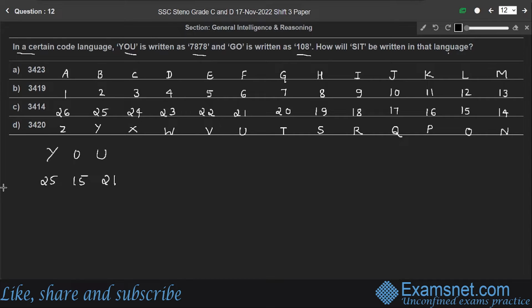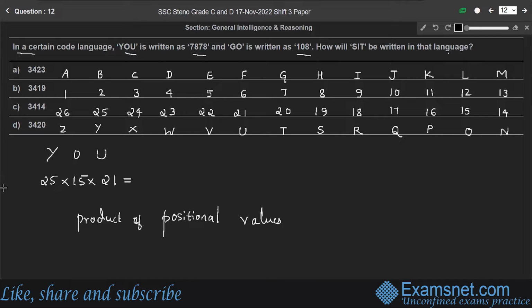So we'll take the product of their positional values, 25 into 15 into 21.